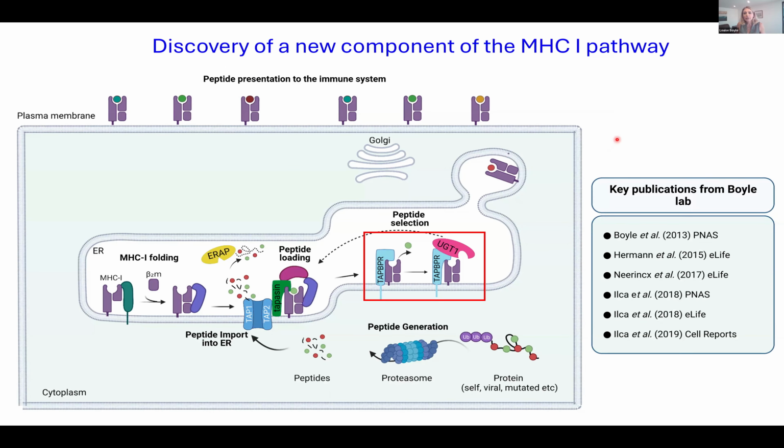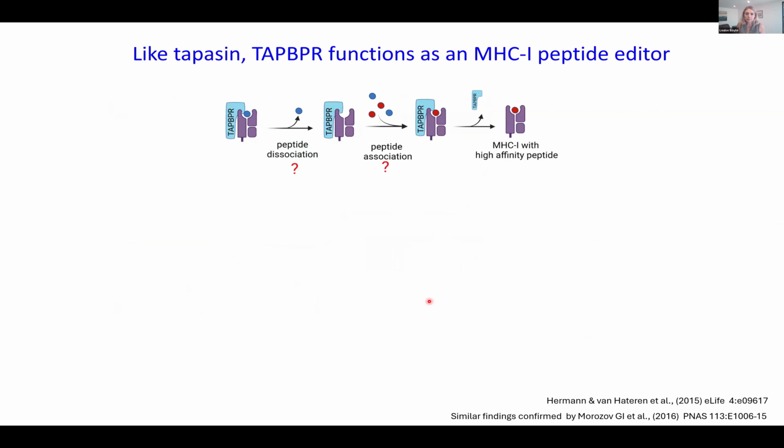Through our work over the years, we've discovered that TAPBPR can bind to MHC class 1 molecules, and it is an additional component of the MHC class 1 antigen processing and presentation pathway. Given its sequence similarity to tapasin, we first asked whether TAPBPR could function as an MHC class 1 peptide editor or a peptide exchange catalyst.